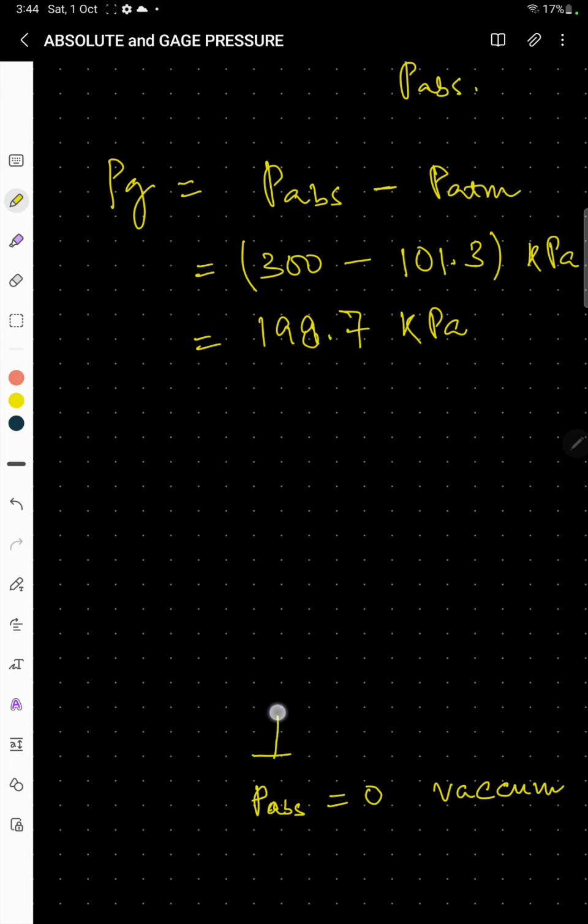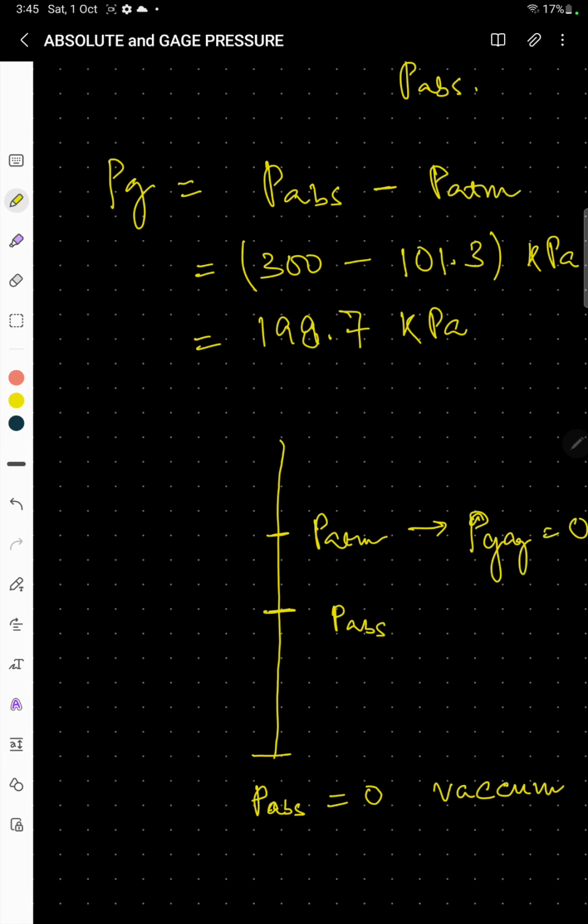Now if you draw a line and figure out the P atmospheric pressure, at this location your P gauge will be 0.